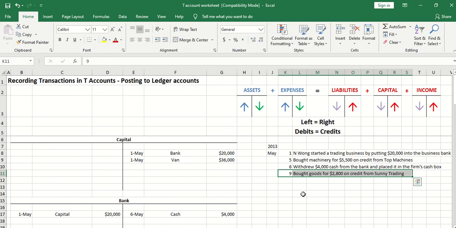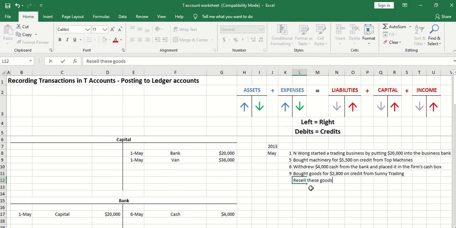Now, when you buy goods, what we learned is when you buy goods that you are going to resell to your customers, goods is a magic word, and it tells you that you're going to resell them. You need to record them as purchases.